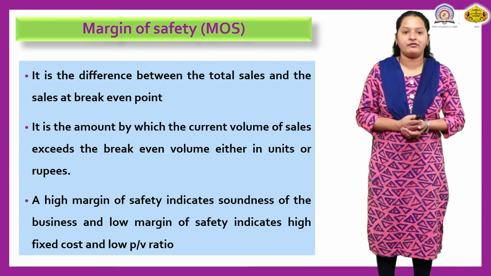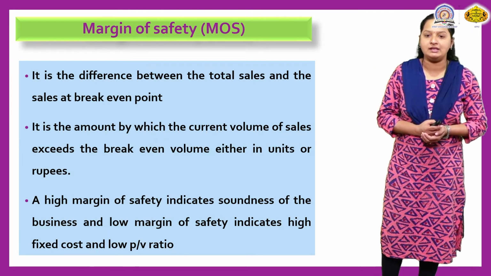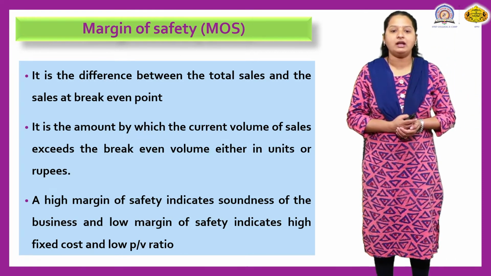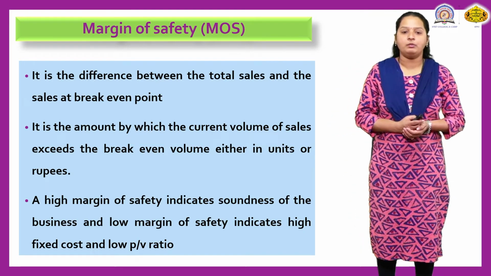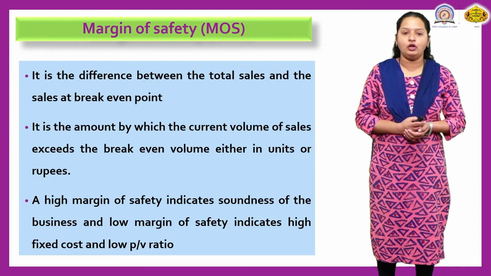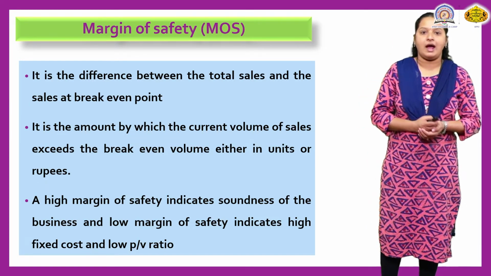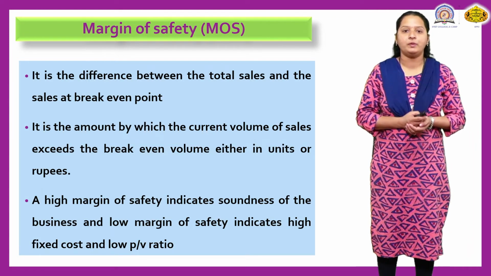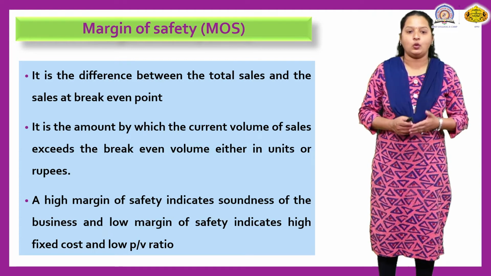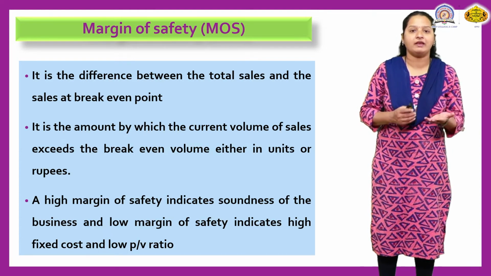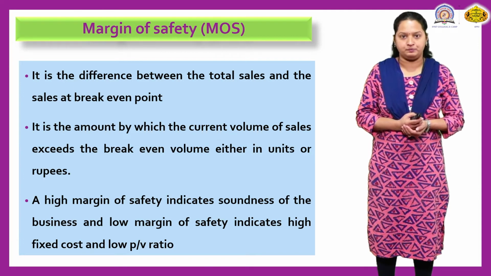It is the amount by which the current volume of sales exceeds the break-even volume, either in units or in rupees. That means the amount by which total sales exceed the break-even sales can be denoted by the margin of safety.